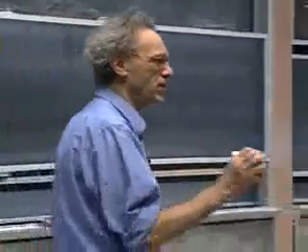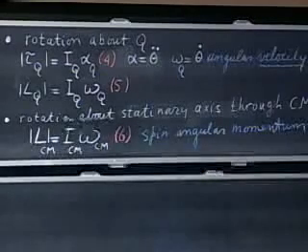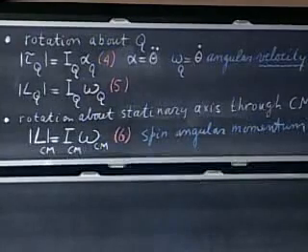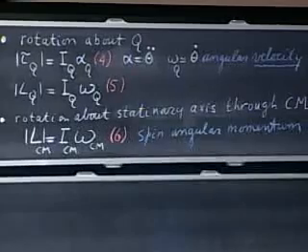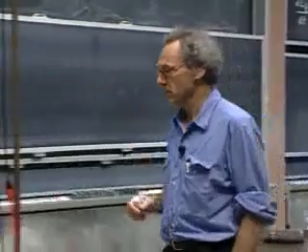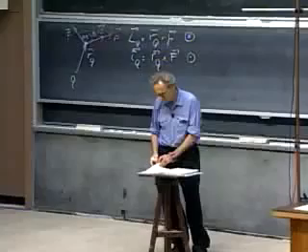In case you do have a rotation about a stationary axis through the center of mass, then the angular momentum is intrinsic in the sense that you don't have to specify the point about which you take the angular momentum. You can take any point and you always find the same, which is not true in this situation. So that makes the intrinsic angular momentum quite unique.